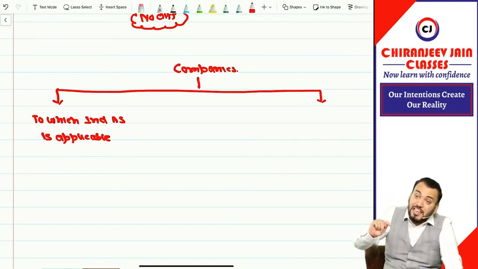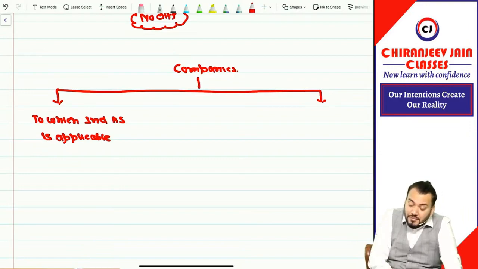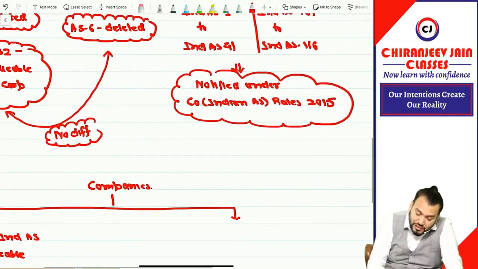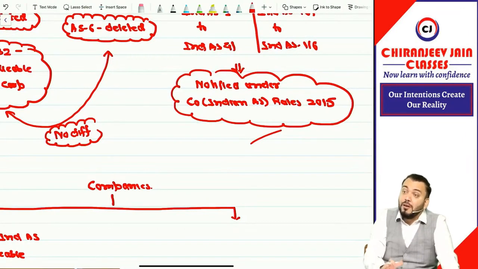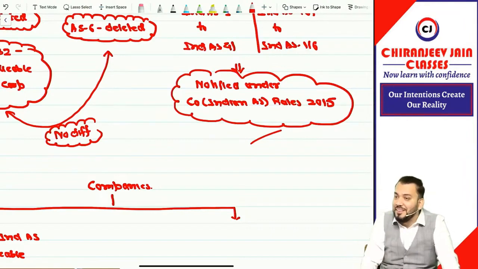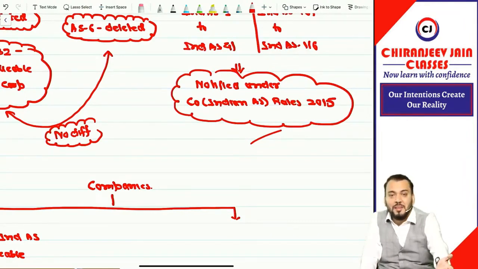The company to which Ind AS is applicable, that has been given in which rules? This rule. These are the set of companies to which Ind AS will be applicable. For the balance companies, AS will be applicable.